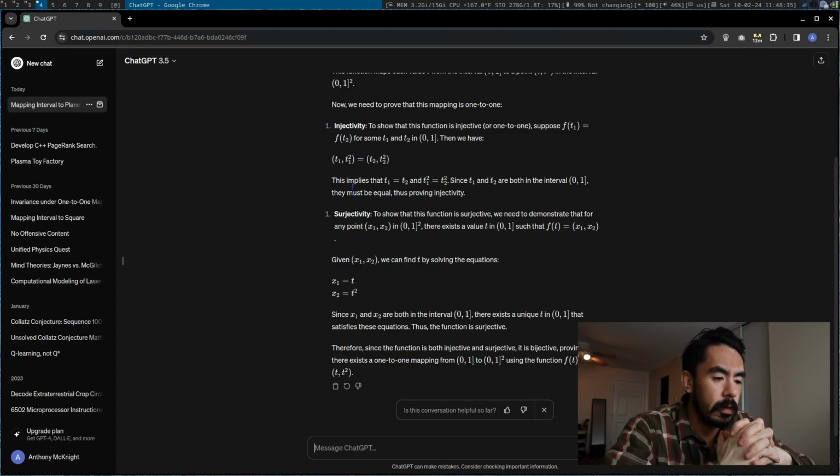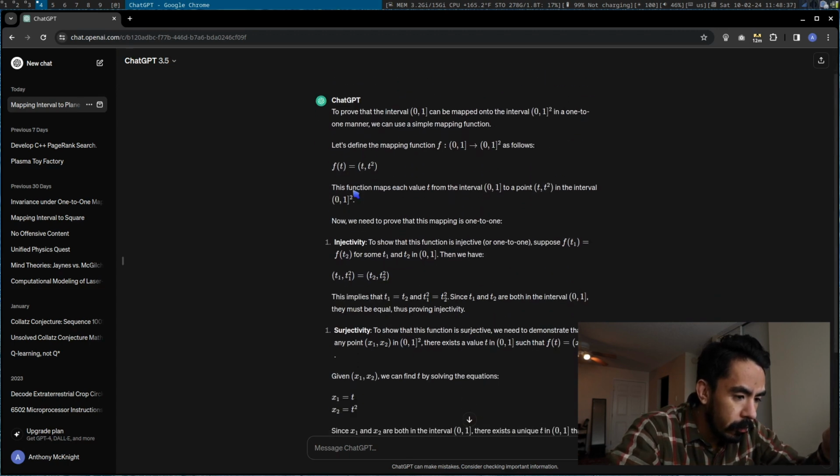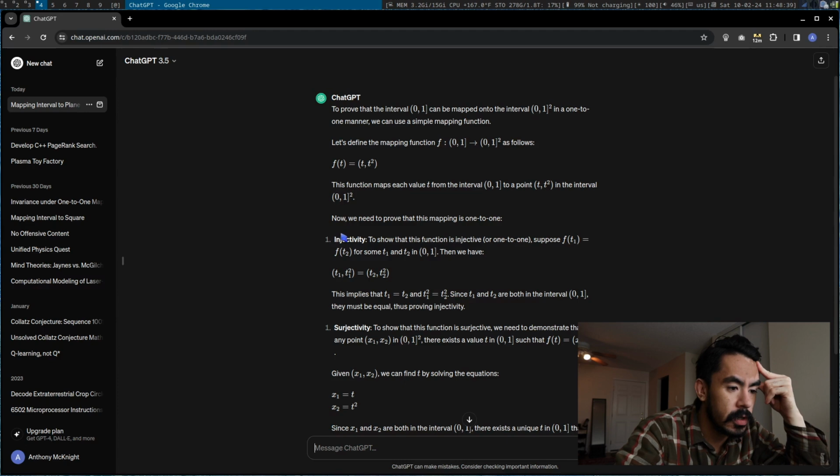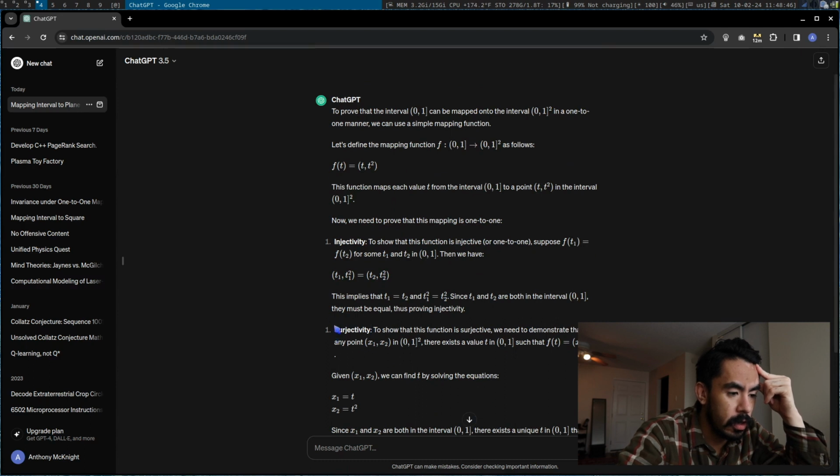I'm not going to double check it because, first of all, there are a couple problems. It's listing out injectivity, surjectivity, but then the sections aren't enumerated. It's just like it's starting a list, and you would expect that surjectivity would be 2, but it's 1 again.